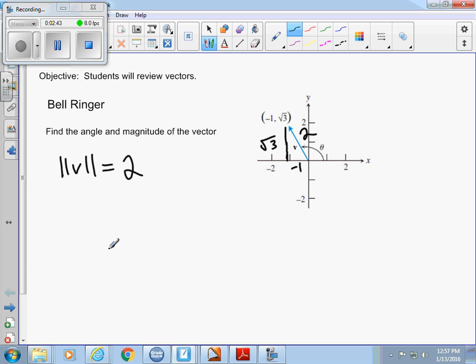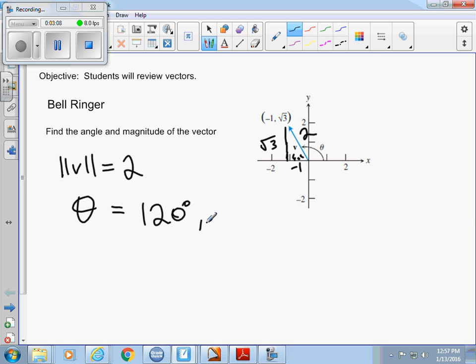The angle, well, what's this reference angle? 60 degrees, right? So what's the angle from the positive x-axis? 120, how'd you get that? Good, we've got 180 minus 60, 120 degrees.